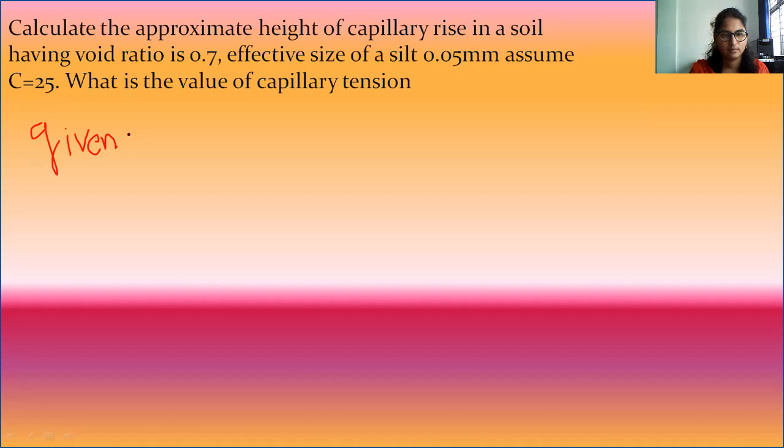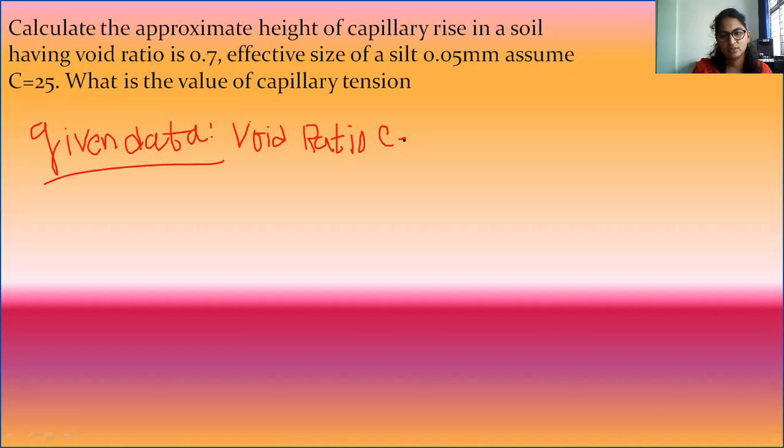Given data: void ratio e is equal to 0.7.